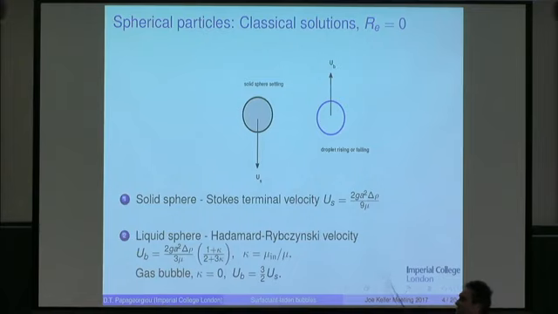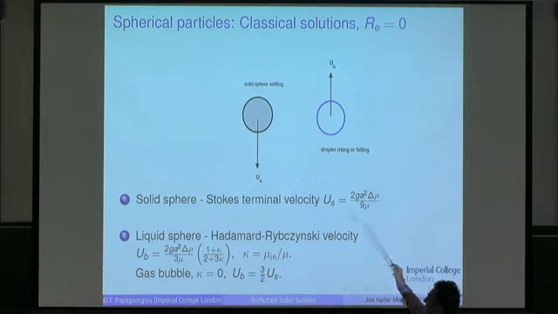And there are two exact solutions that we can write down of the Stokes equations, and if we work out the terminal velocity for a settling solid sphere, this is what we get. The important thing is just to note the 2 9s there, okay? Everything else is the same in the two cases.